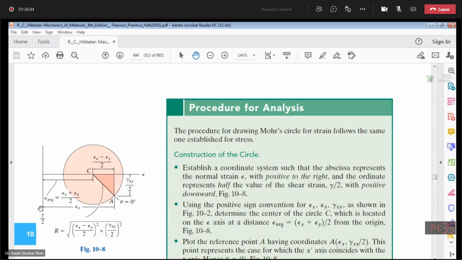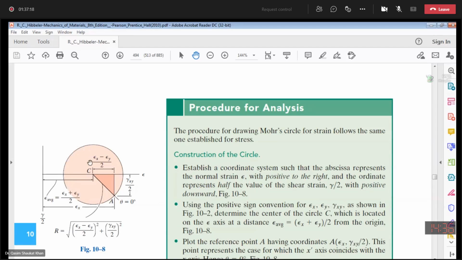Why do we take downwards positive? So that we have the same orientation as the orientation of the point on the element and the orientation of the point on the Mohr circle. Then for the positive sign convention, just like for plane stress sigma x, sigma y, and tau xy, we start with the positive sign convention.